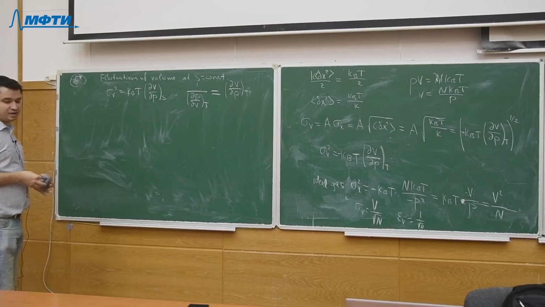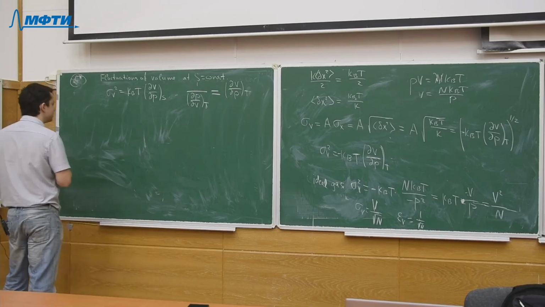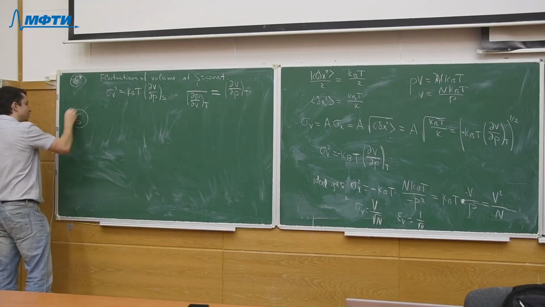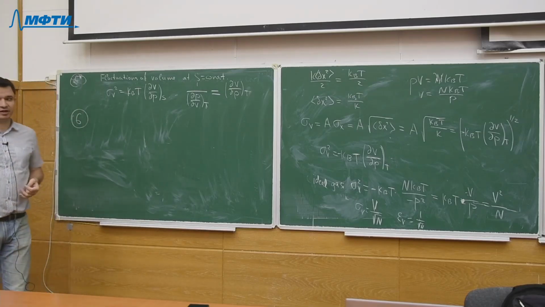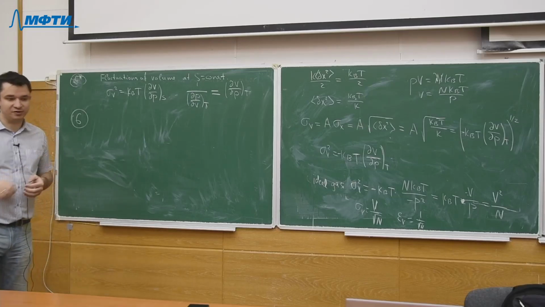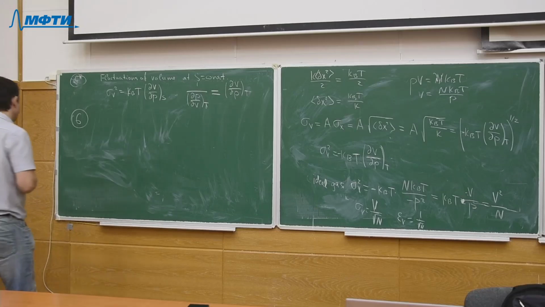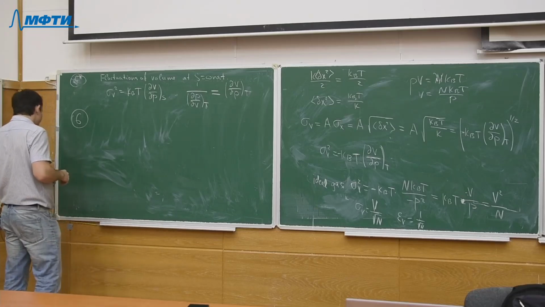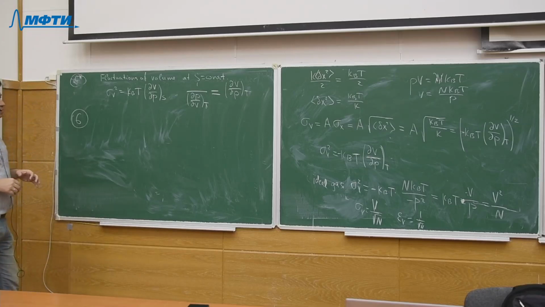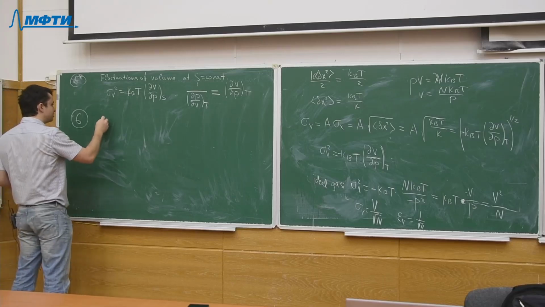Well, that ends my story number 5 star, and that brings me to the 6th story, where I give you a hint on the general theory for thermodynamic fluctuations. In the previous stories, I have used the fact that all of my systems obey the Gibbs distribution.